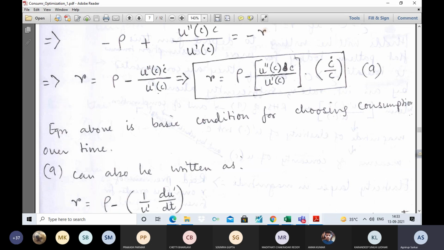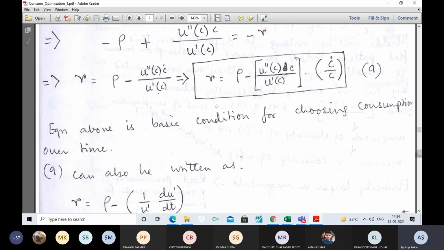This is the decrease of the marginal utility of consumption, which is u prime, due to the growing of per capita consumption c. This is a concave function. So whenever per capita consumption grows, there would be a decrease of marginal utility of consumption, right? This is the literal interpretation of this equation.